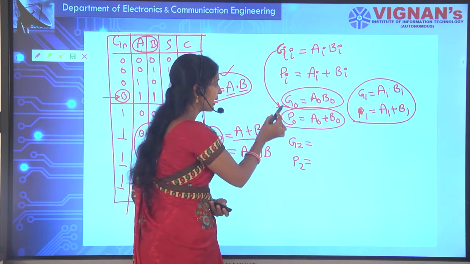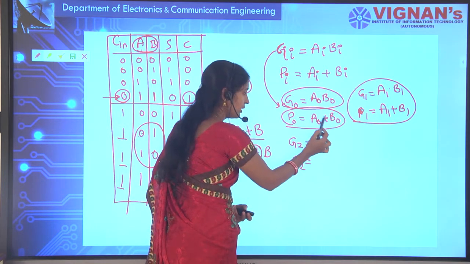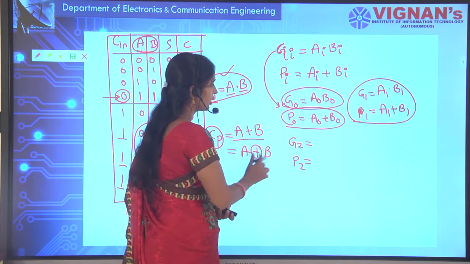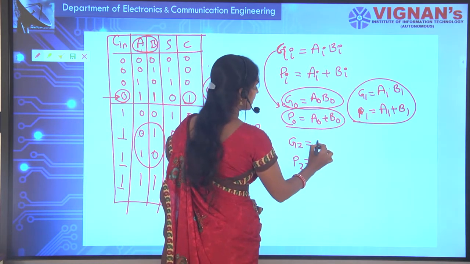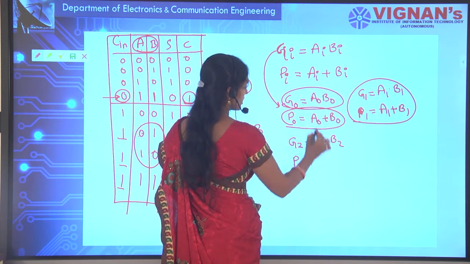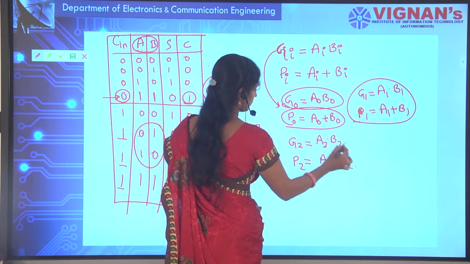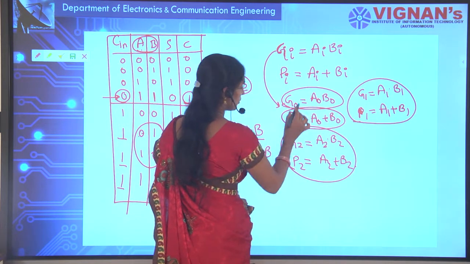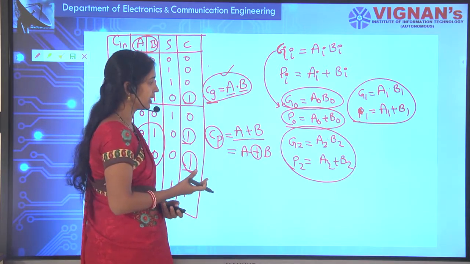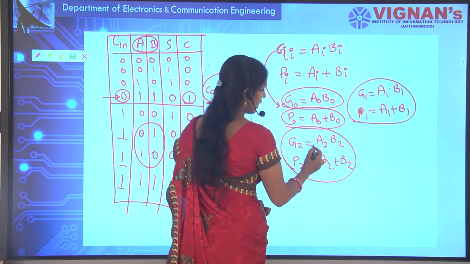Your carry is being generated, and whenever these two are added, your carry is propagated to the next higher order bit. That is G2 is A2 into B2, and P2 is A2 plus B2. Like this you will be generating the carry with the help of A0 B0, A1 B1 and A2 B2.